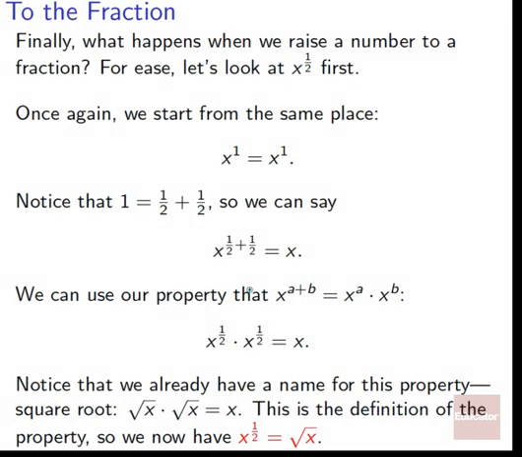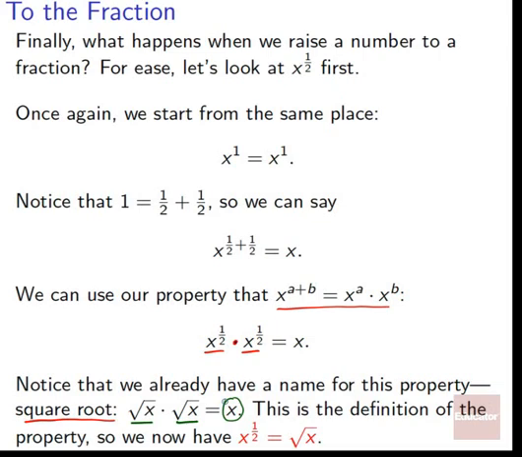Now notice, we can use our property x to the a plus b equals x to the a times x to the b, the usual property we've been using, to separate this into x to the 1/2 times x to the 1/2 equals x. We've already got a name for that. Square root, right? Square root x times square root x equals x. That's the idea behind square root. The definition of square root is some number that when you multiply it by itself, it becomes the number you took the square root of.